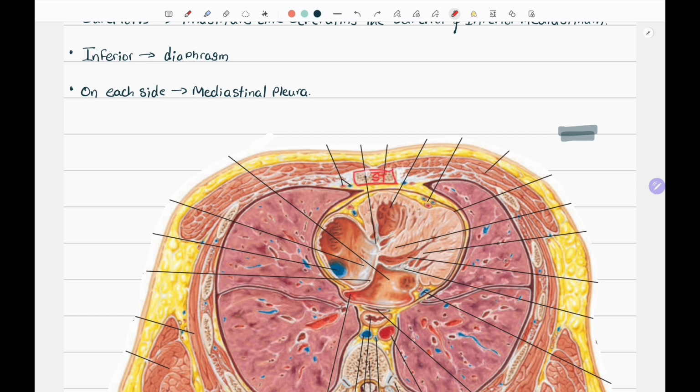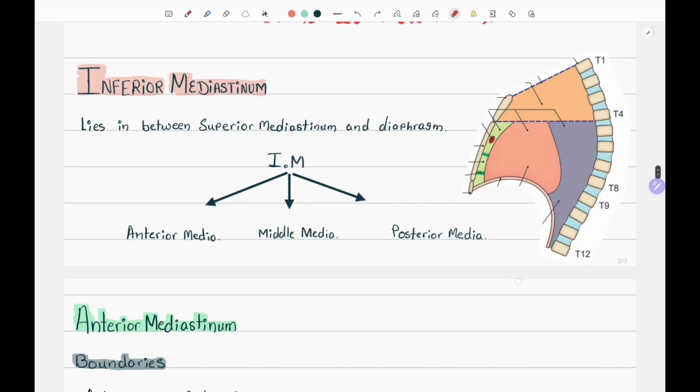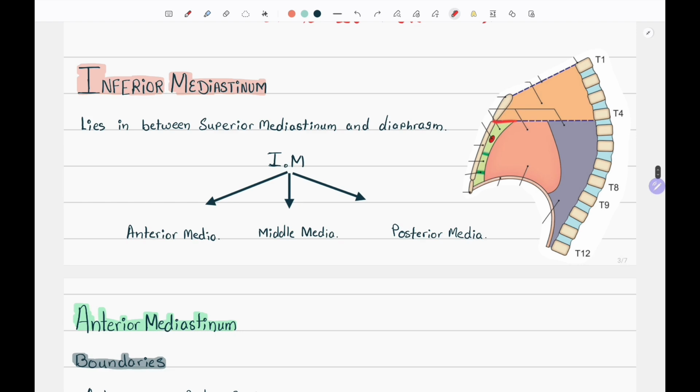This one is our sternum bone. Posteriorly, its boundary is the pericardium of the heart. What is the pericardium? It's a protective covering of the heart. Superiorly, it's an imaginary line, and inferiorly I have the diaphragm.